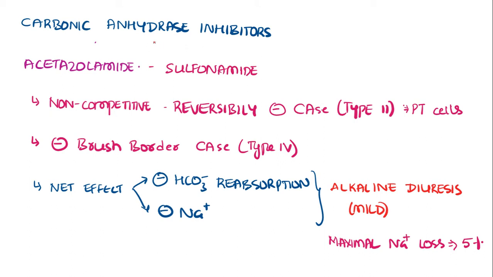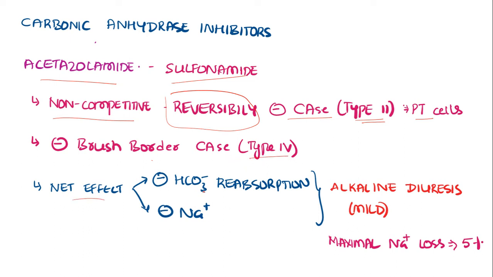Coming to the detailed description, acetazolamide is a prototype drug. It belongs to the sulfonamide group of drugs, where it produces non-competitive reversible inhibition of carbonic anhydrase. It is a type 2 enzyme present in the proximal tubular cells, and it also inhibits the carbonic anhydrase in the brush border of the lumen, which is a type 4 carbonic anhydrase enzyme.